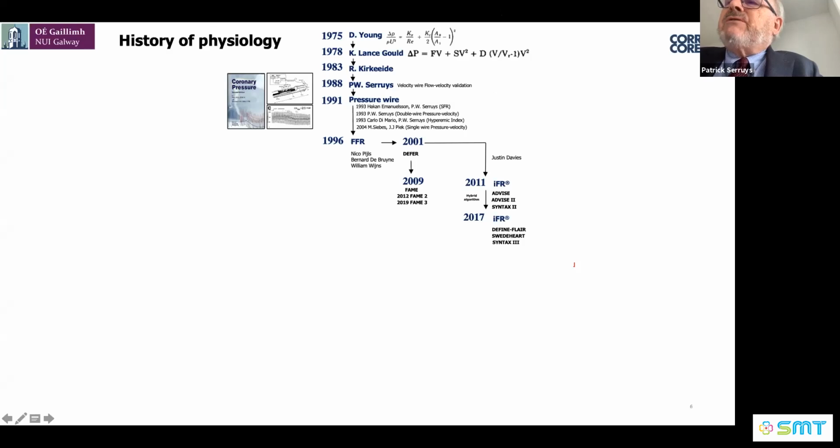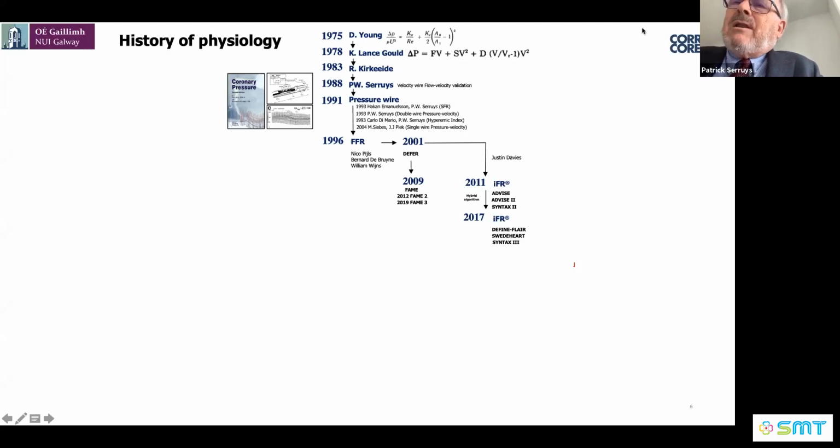Then Justin Davies simplified the principle in 2011 with the iFR, ADVISE 2, and SYNTAX 2. That's a trial we have been participating in. And then in 2017, we had the big outcome trials of iFR. I was the chairman of DEFINE-FLAIR, but it was also SWEDEHEART, and then the SYNTAX 3.